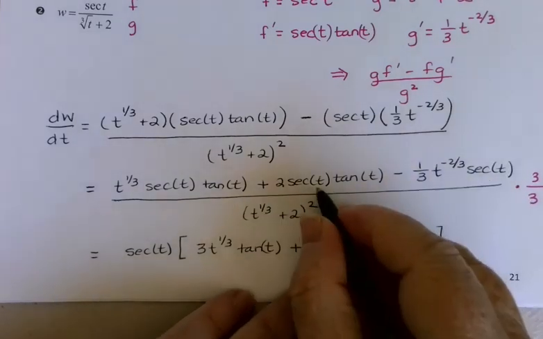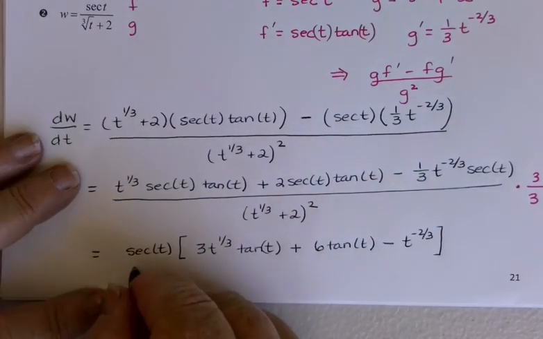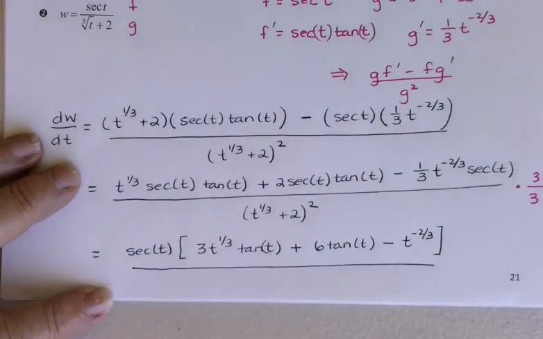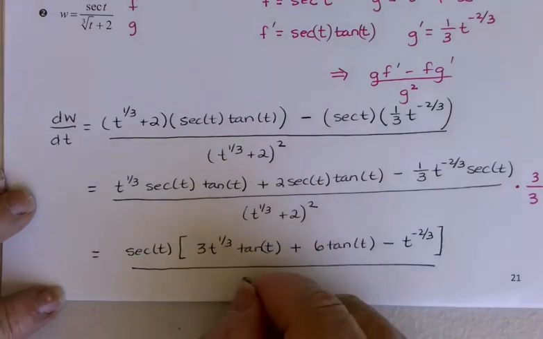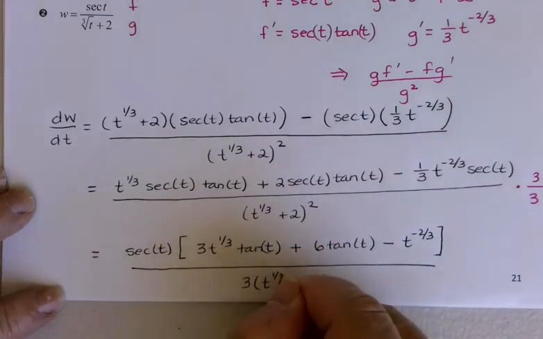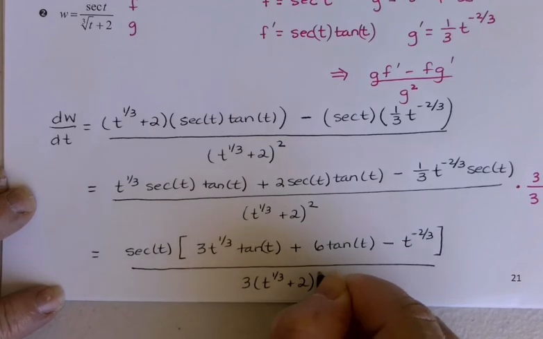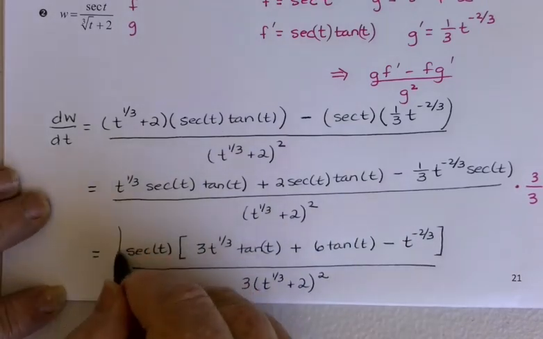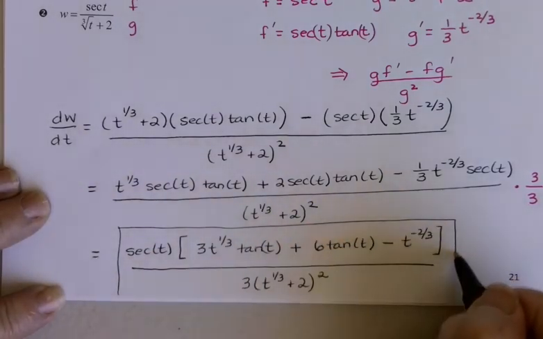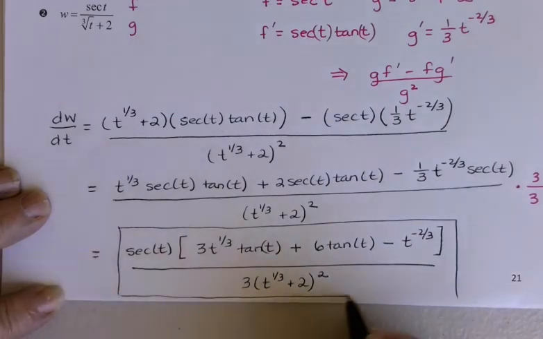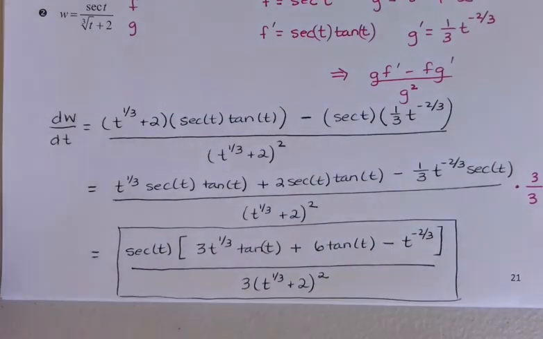And again, the secant t from all 3 of those terms was factored out. Denominator is going to be 3 times t to the 1/3 plus 2 squared. So we no longer have a complex fraction, and I just chose the factored form of the numerator this time. All right, that brings us to the end of section E.